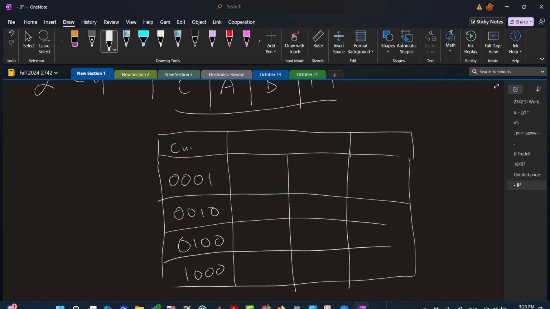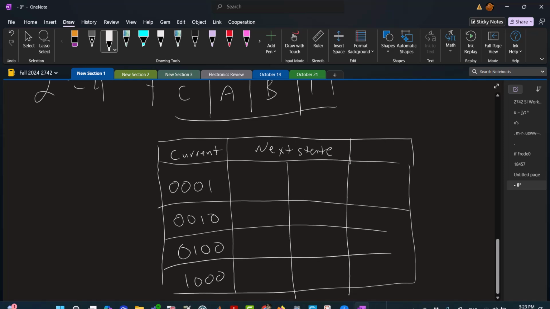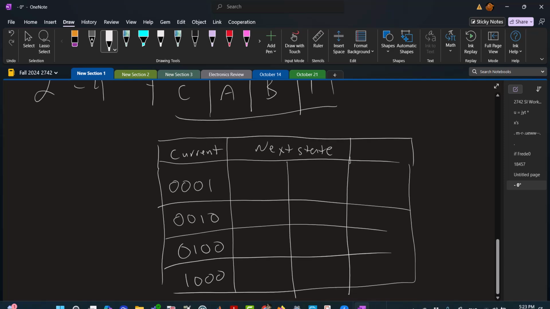You have 1 bit for as many states as you have. Every state has its own. So there are 4. If I had 5, I'd have 5. If I had 6, I'd have 6. You see how I'm putting the ones?